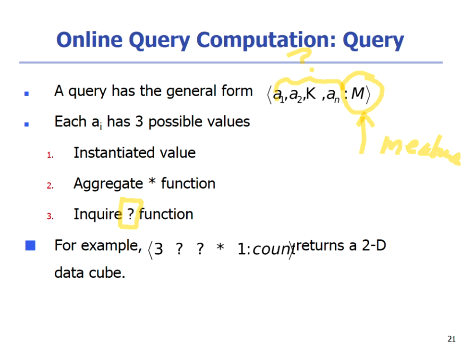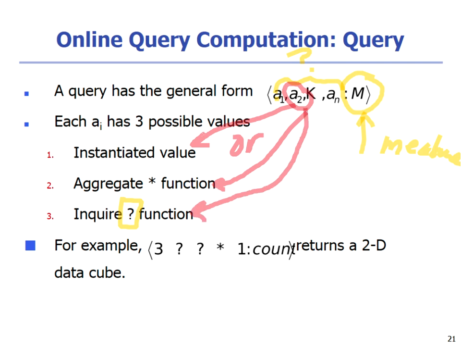Inquired, I repeat. So the value of Ai, for example of A2, can be an instantiated value, or the aggregate star function, or the inquired function. Is it clear?